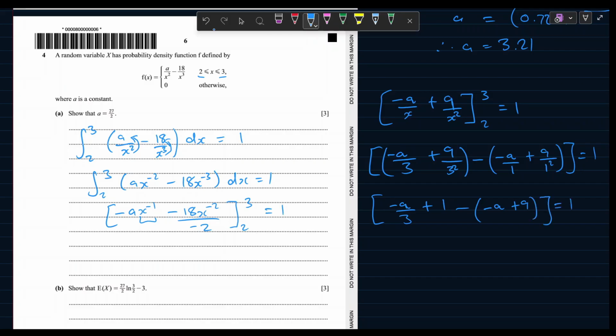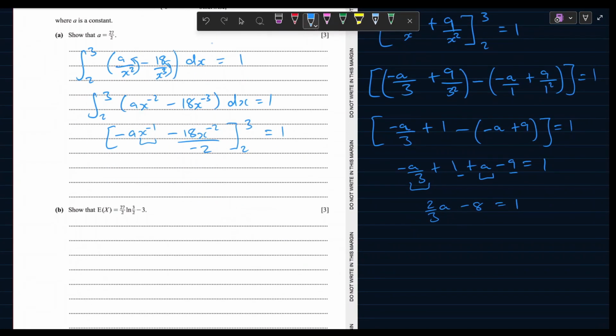So we've got negative a over 3 plus 1 minus minus a, so plus a minus 9, and this is equal to 1. Let's simplify like terms. We've got a minus a over 3, so that's 2/3 a. And then we've got 1 minus 9, which is minus 8, and this is equal to 1.